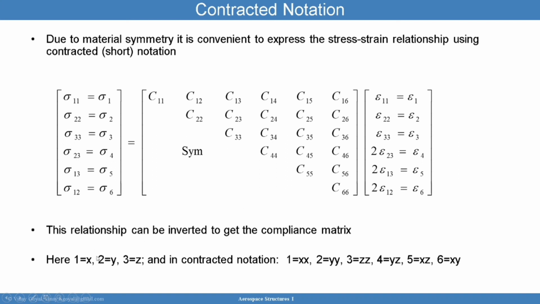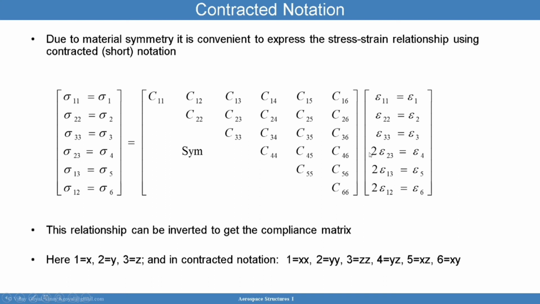Note that I'm using 1 = x, 2 = y, and 3 = z interchangeably. So sigma 1,3 will be xz, and this will be xy. The contracted notation just makes it easy to write down, but you should just use this format if you want.